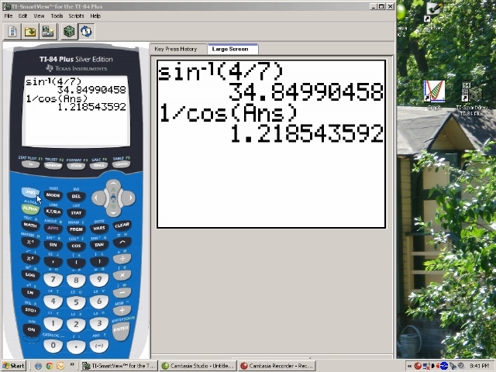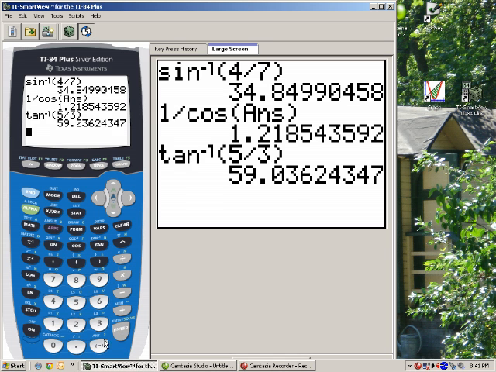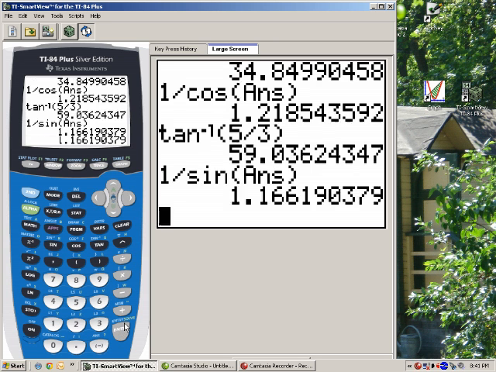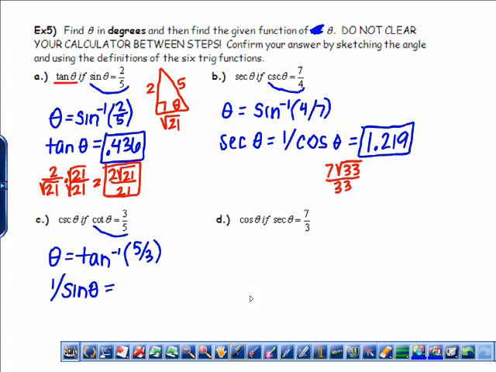Okay, so arctan of 5/3. There's our theta, and then 1 divided by sine of that angle, 1.166. That's our approximate answer.